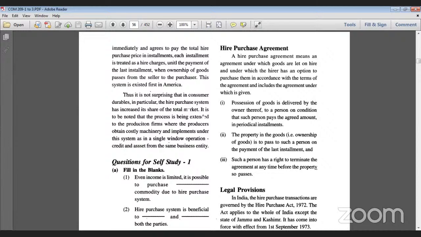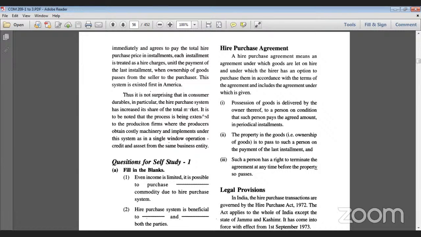The property in goods is to be passed to such person on payment of such installments, and such a person has the right to terminate the agreement at any time before the property is so passed.